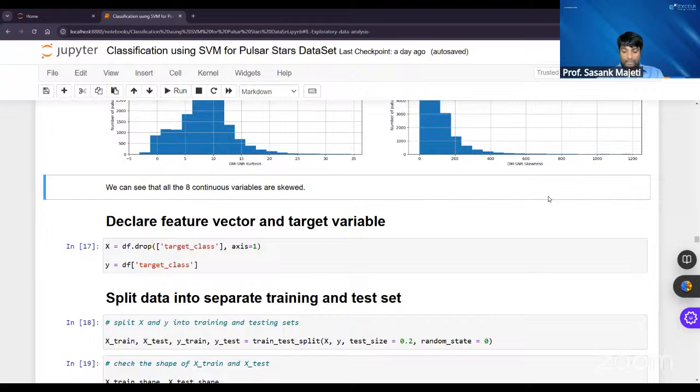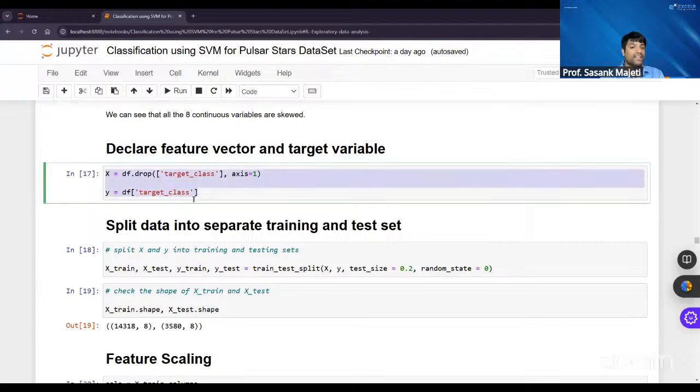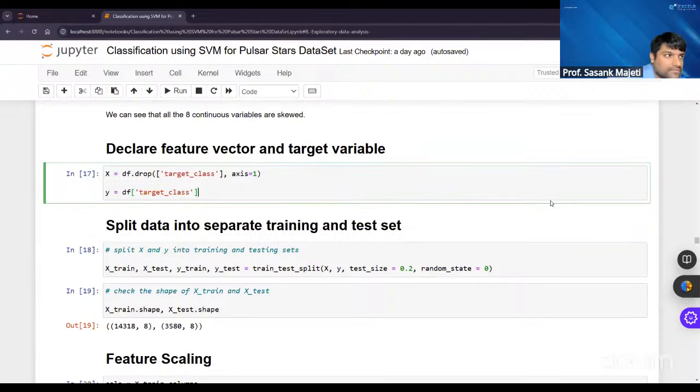Before training the algorithm, we are going to segregate the X variable and the Y variable. In the X, which are the independent variables, you need the entire data frame except one particular feature or column, which is the target class.